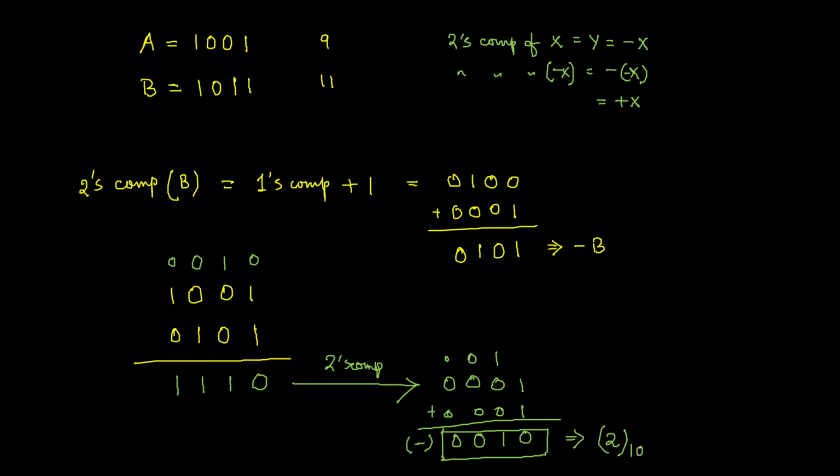You see again. So basically result is minus 2, and that's why that minus 2 was represented in 2's complement form as a result. And I should get minus 2 over here. I can find it easily. 9 minus 11 is minus 2. So this is a way of actually doing subtraction with the help of the 2's complement method.